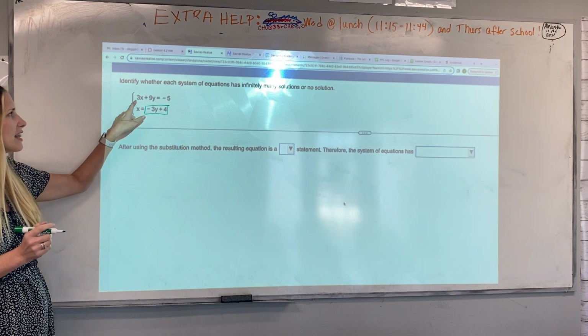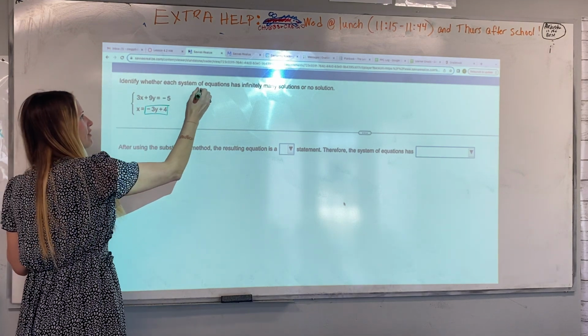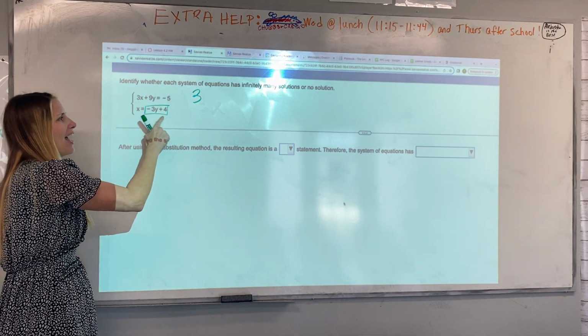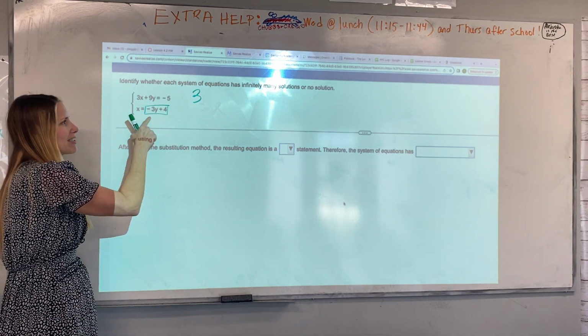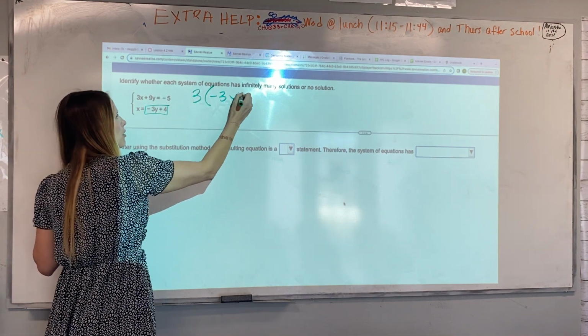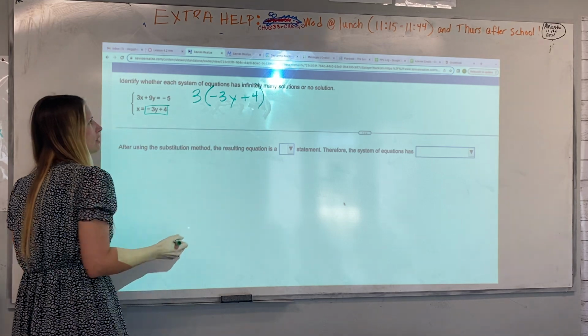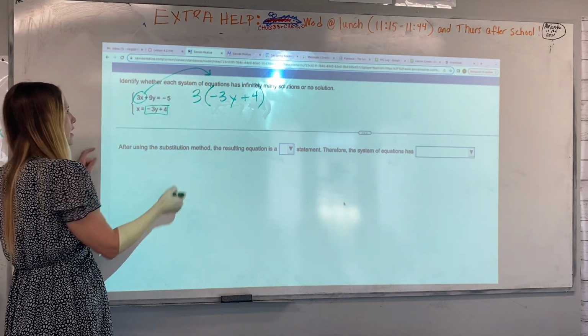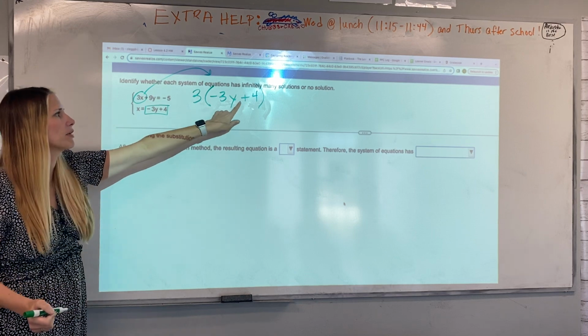That means I can take this top equation and instead of writing 3x, my x is going to look like negative 3y plus 4. Do you guys understand that?